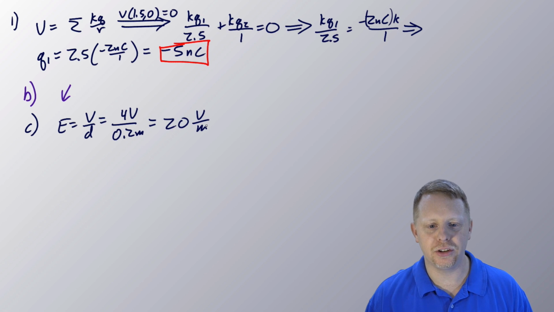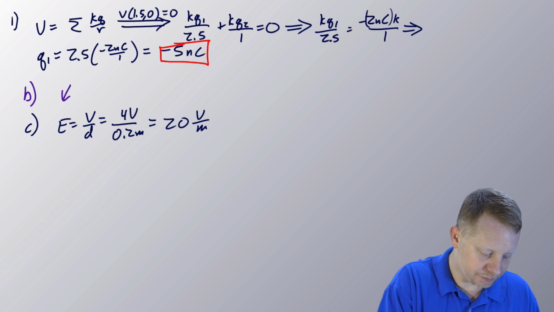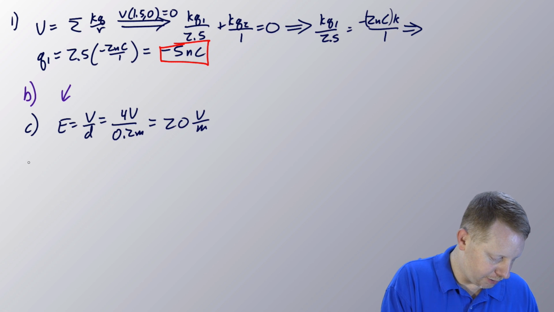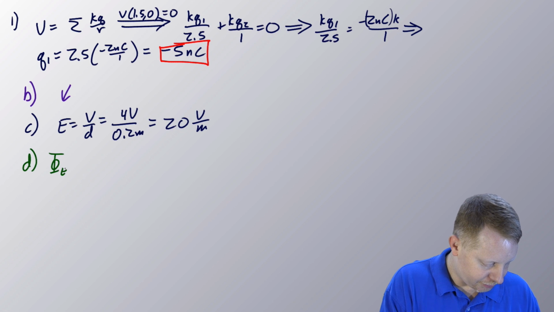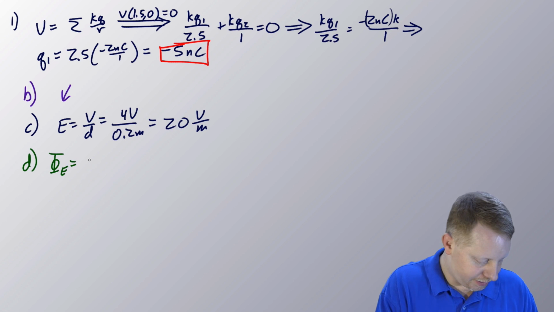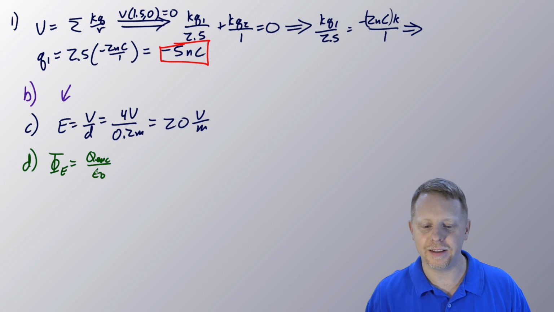For part D, the equipotential labeled 0 volts is the cross-section of a nearly spherical surface. Okay. Calculate the electric flux for this surface. Okay, as we look at D then, the electric flux is going to be charge enclosed divided by epsilon naught.